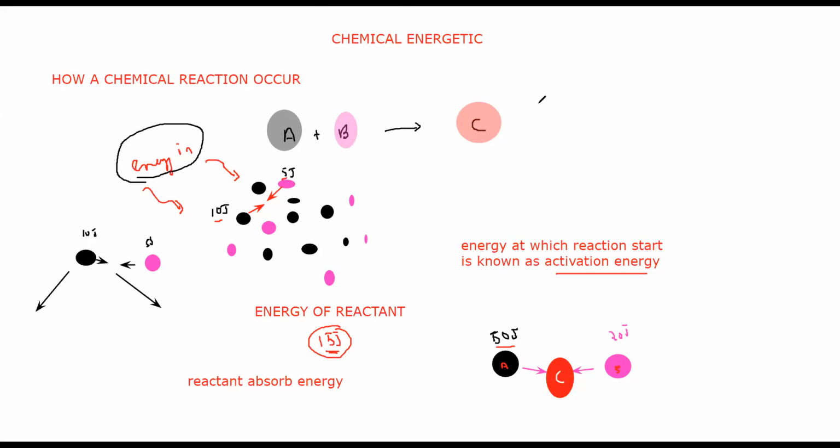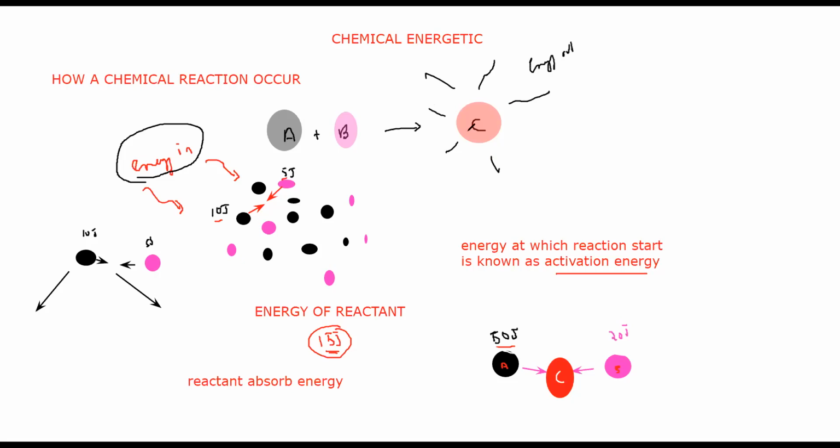So in this example, they reach activation energy, which is 70 joules. And once the product is formed, because formation of a product gives out energy, energy is given out.